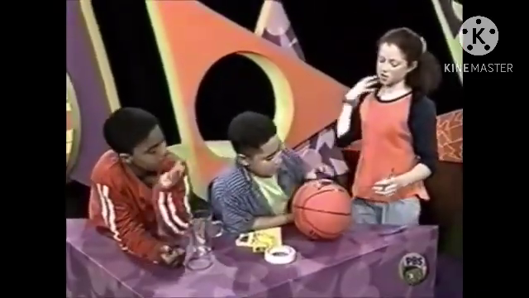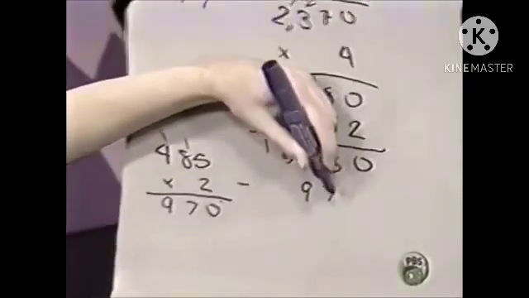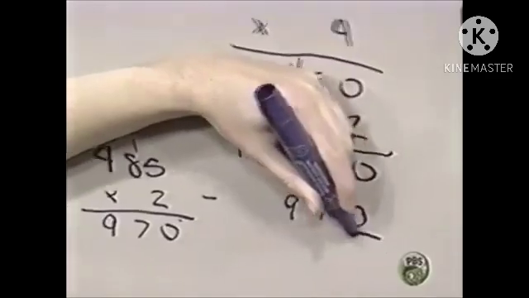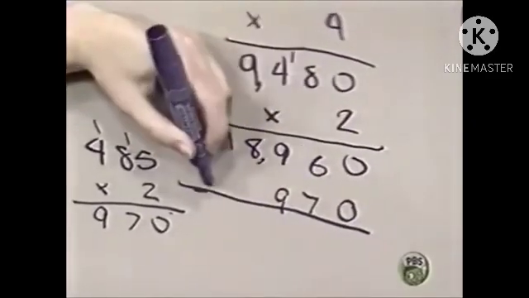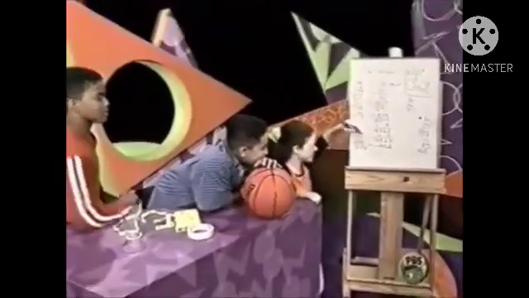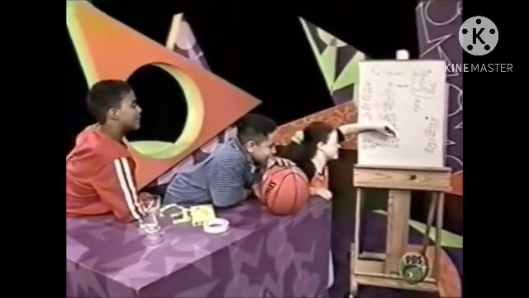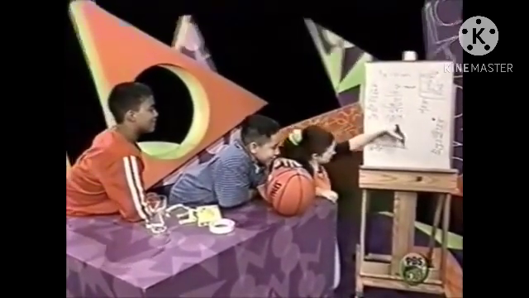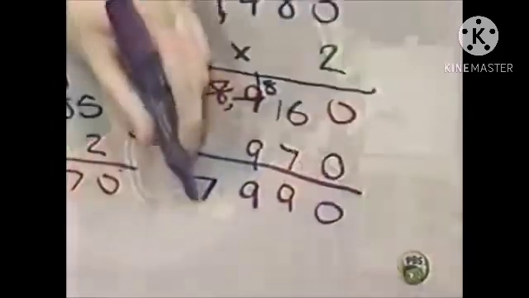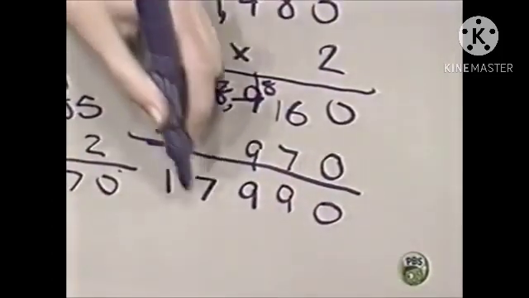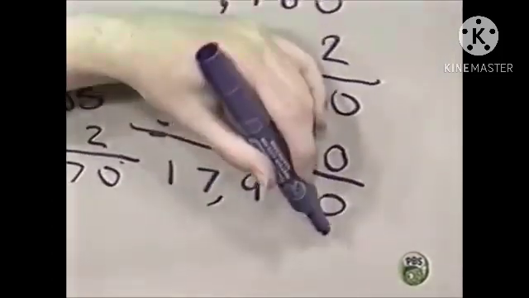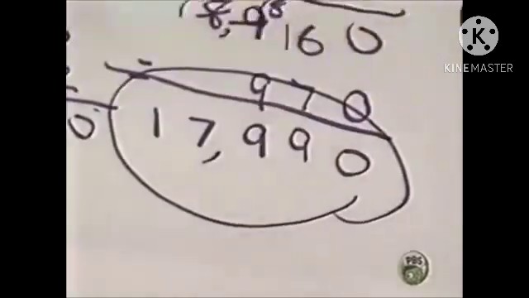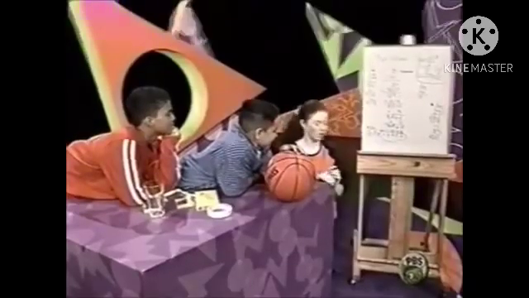So there's about 77 in the G. 970 dots are missing. So 0 plus 0 minus 0 is 0. 7 minus 0 is 7. And 1. 17,990. That's our guessed amount on how many are on this.